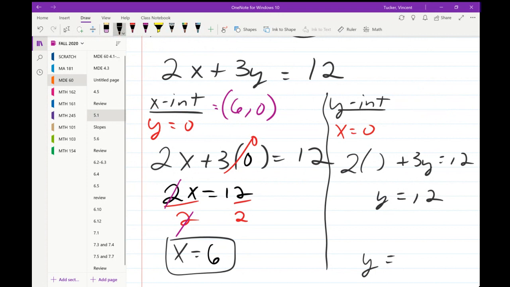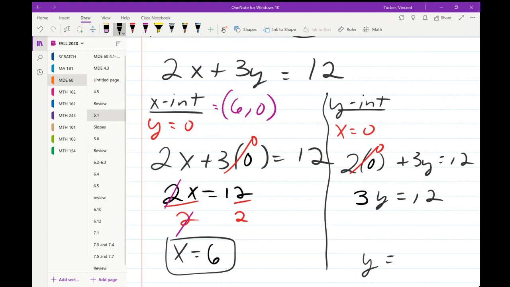Then finding your y-intercept. Remember, your x-intercept and y-intercept are two different points. We're not going to put 6 together with the result from the y-intercept. Your x-intercept is 6, 0. Your y-intercept will be a separate point by itself. So we plug in 0 for x. 2 times 0 is 0, so that will leave me with 3y equal to 12.